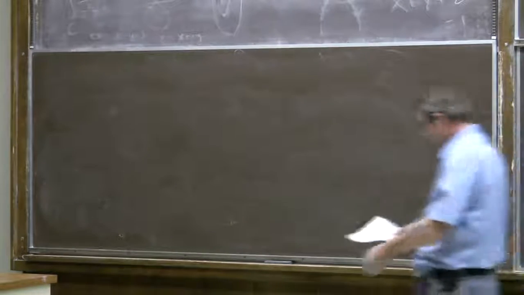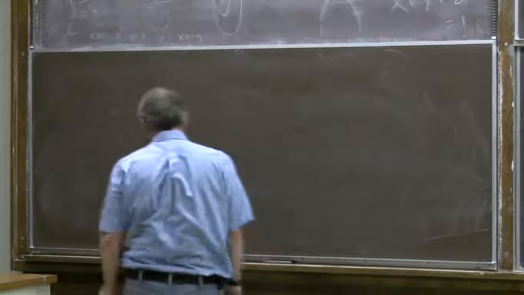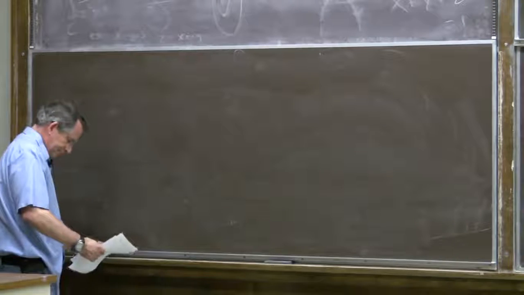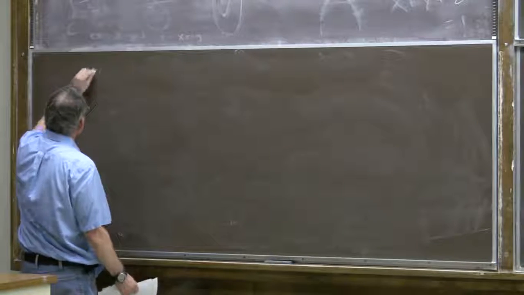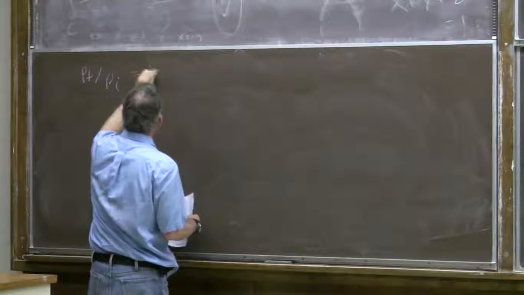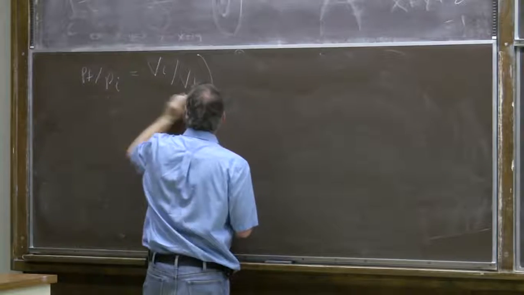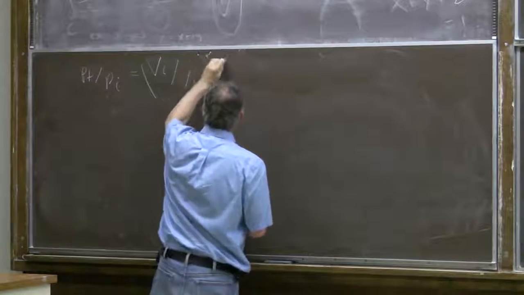Okay. So in other words, we can say that the final pressure at the end of the isentropic expansion divided by the initial pressure is the ratio of volume, V initial to V final to the 5/3.